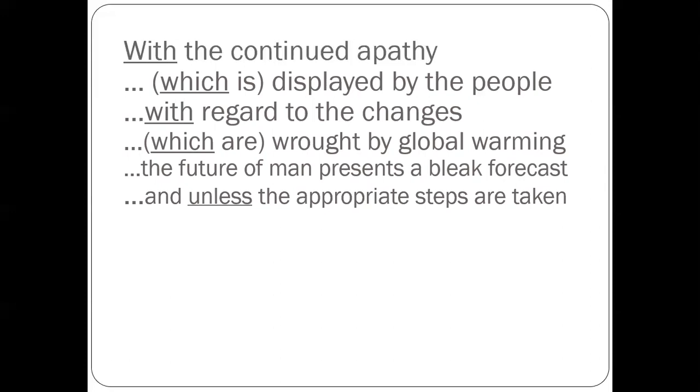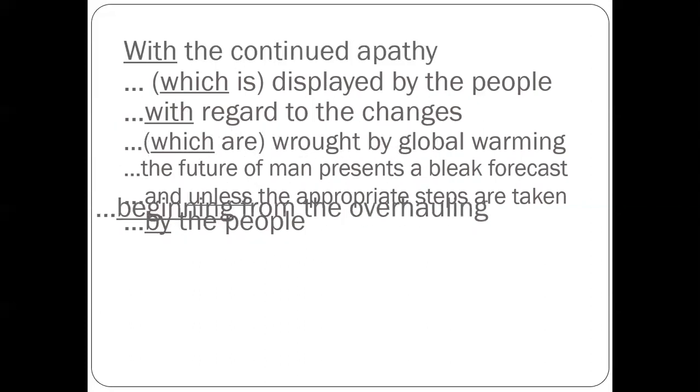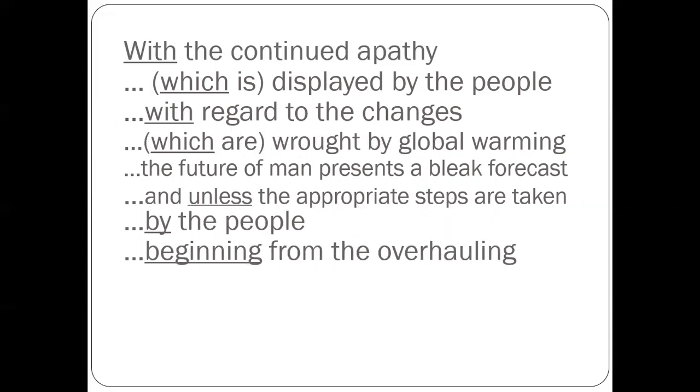So and is what we call a conjunction. So the conjunction in this case is actually signaling the entry of another complex clause there. So unless the appropriate steps are taken, so unless is what you call a discourse marker, by the people, by is what you call a preposition. Beginning from the overhauling, beginning is a gerund.